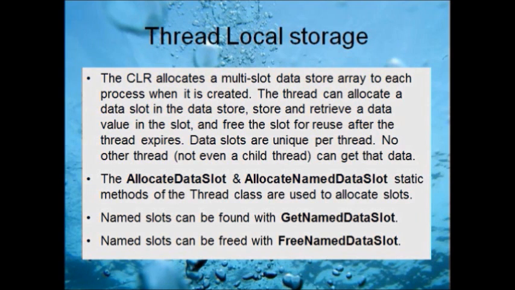No other thread can get that data. The AllocateDataSlot and AllocateNamedDataSlot static methods of the Thread class are used to allocate slots. A named slot can be found with GetNamedDataSlot. A named slot can be freed with the FreeNamedDataSlot method.